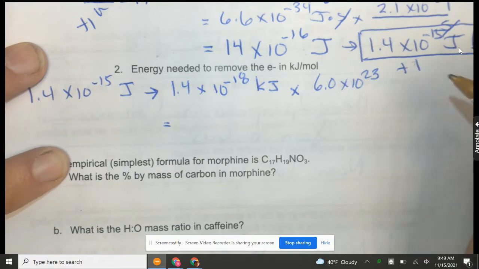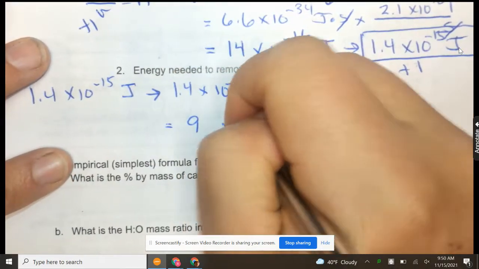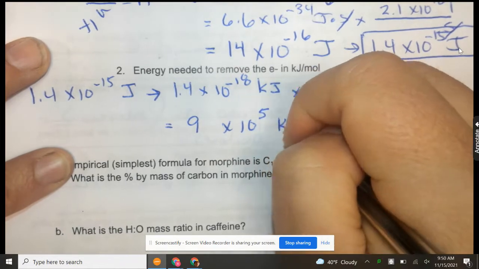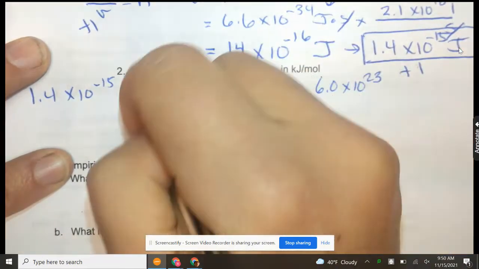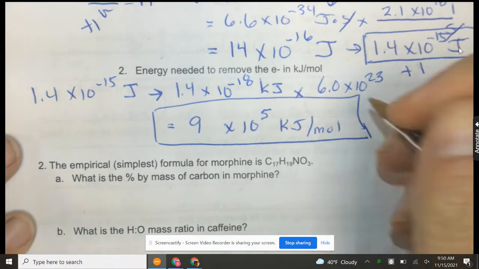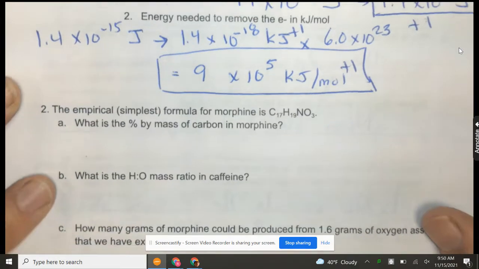So this will give me my energy in kilojoules per mole. And 1 point for getting it in kilojoules, the other point for getting it in kilojoules per mole.